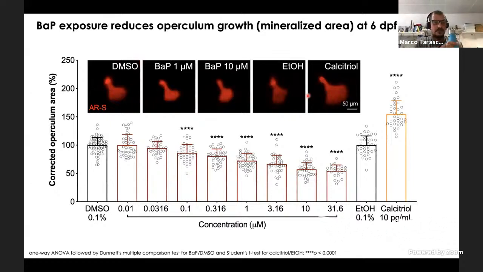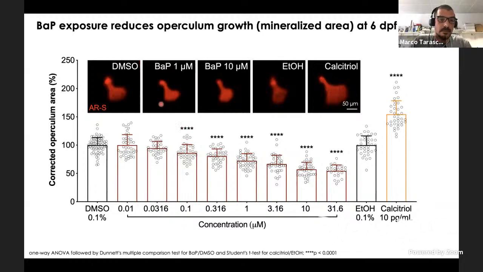So as you can see from this plot, what we did was to test many concentrations of BAP from 0.01 to 31.6 micromolar. And we also always integrate in our assay our positive control, calcitriol, or vitamin D, which is a non-osteogenic compound.